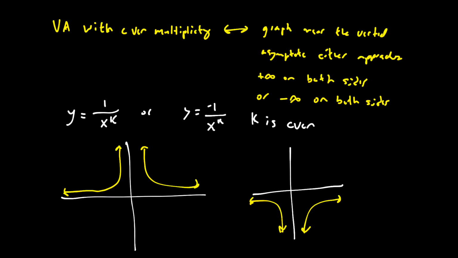Now, if we have a vertical asymptote with odd multiplicity, then near our vertical asymptote we will have the following behavior.